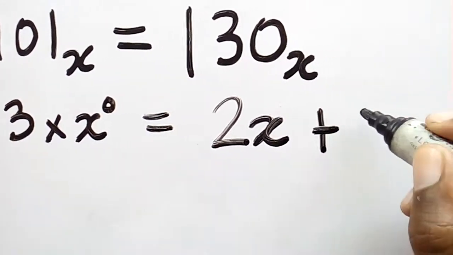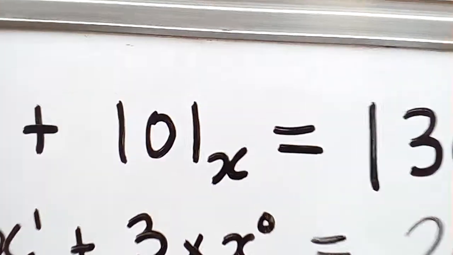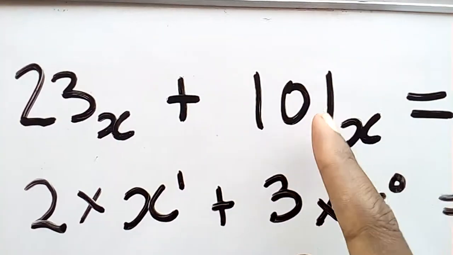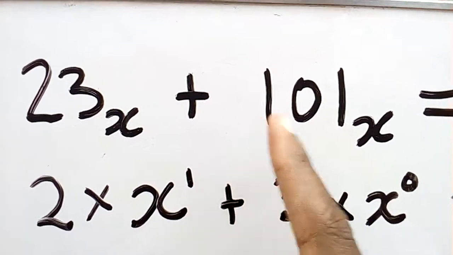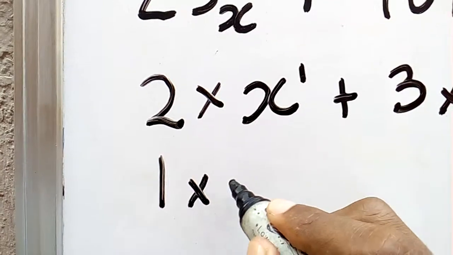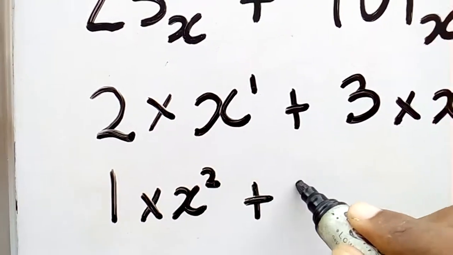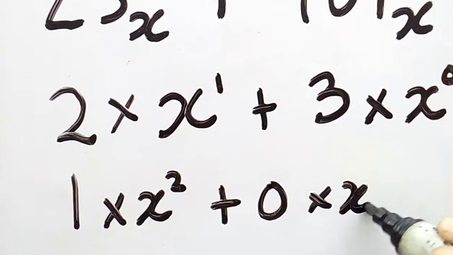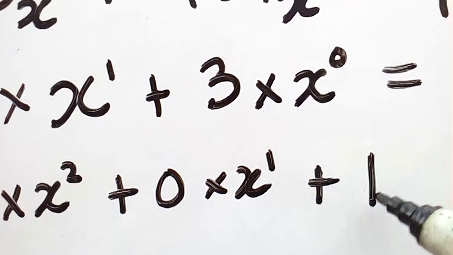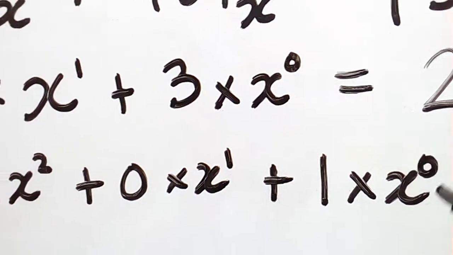2x plus 3. Okay, now we pick on the next number, and since we have 1, 2, 3, 3 minus 1 is 2, so I'm going to pick on 1 times x raised to the power 2 plus 0 times x raised to the power 1 plus 1 again times x raised to the power 0.